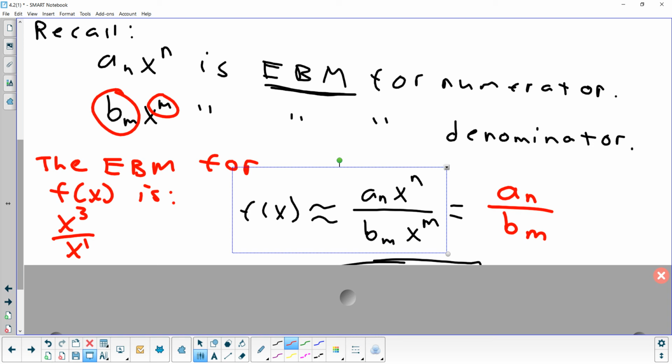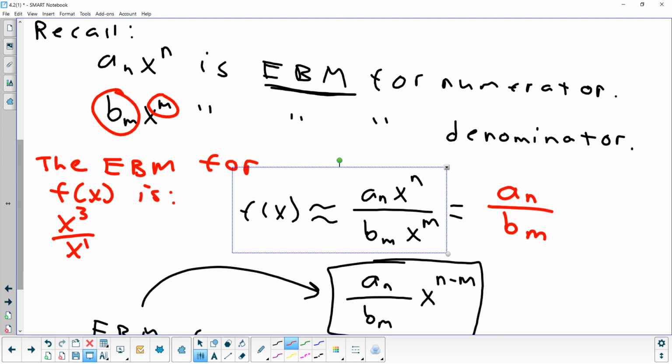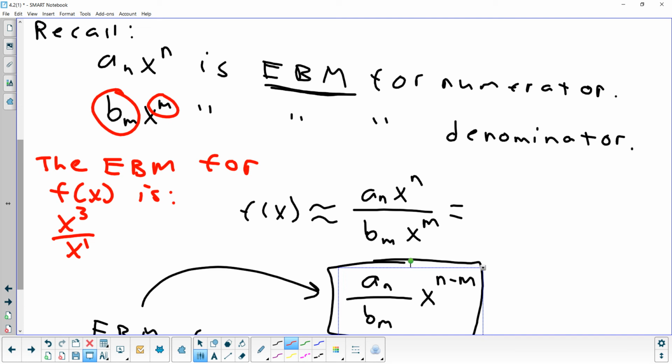So the rule is if you're dividing and you have the same base, you subtract the exponent. Actually, I have it written right there. So a sub n over b sub m, that's the coefficients you're going to divide. And the variable is going to be x, and the exponent is n minus m. So like in this case, x to the 3 minus 1, which is x squared.